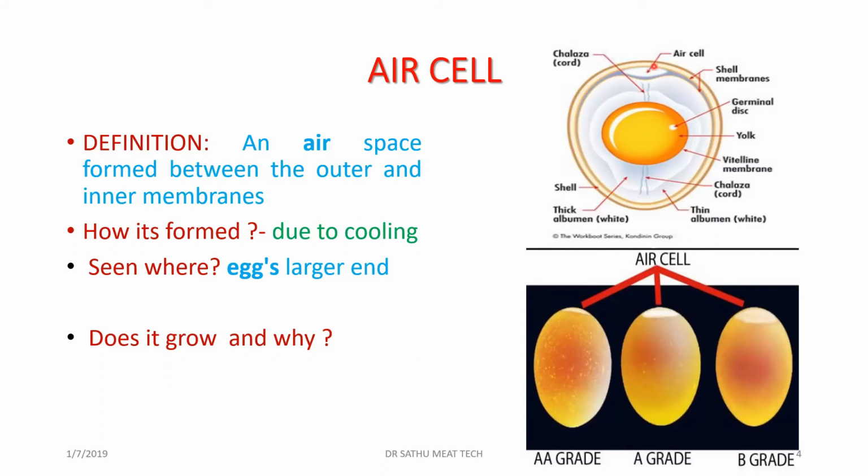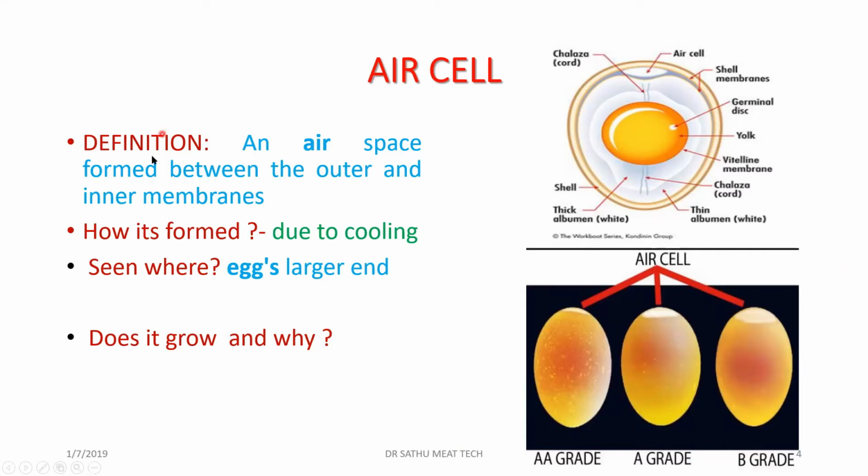Through those pores, the moisture will get lost. So the air cell keeps on increasing. Here we can see the air cell is very small. You can see this is a little larger, and here it has become larger still. Its size has increased. This is basically because of the loss of moisture from the egg.